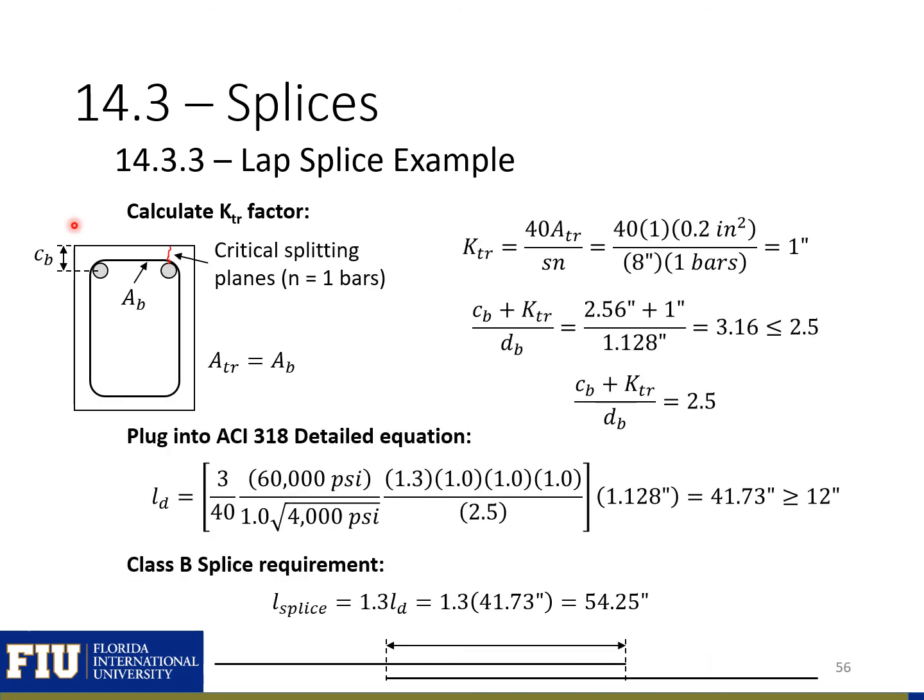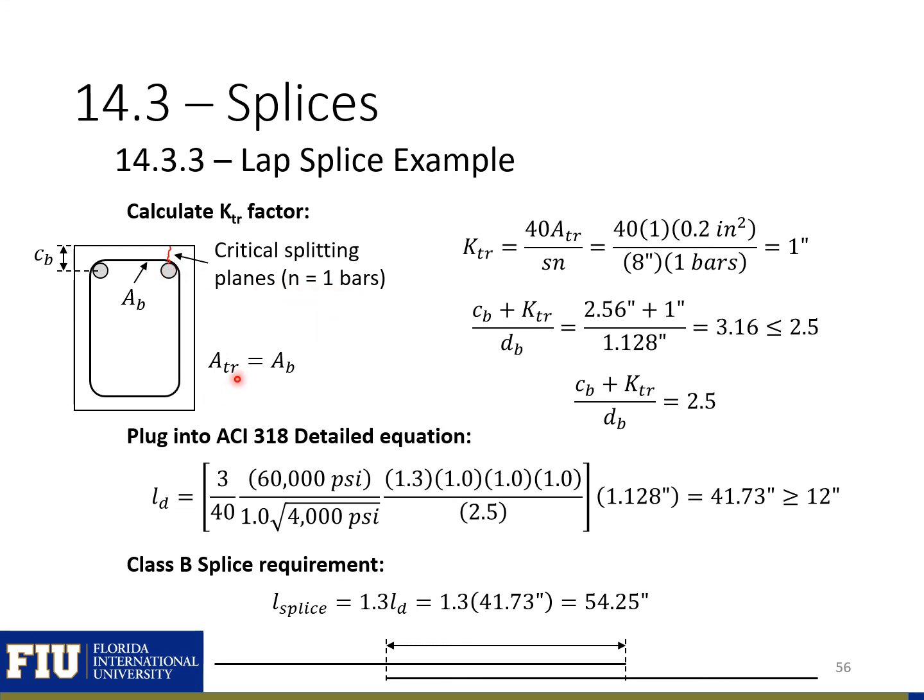We can next calculate our Ktr factor based on where our splitting plane is. We found from our cb factor on the previous slide that our splitting plane is going to be from the bar to the top face. So there's one leg of our transverse reinforcement that crosses our splitting plane, and there's one longitudinal bar involved in that splitting plane.